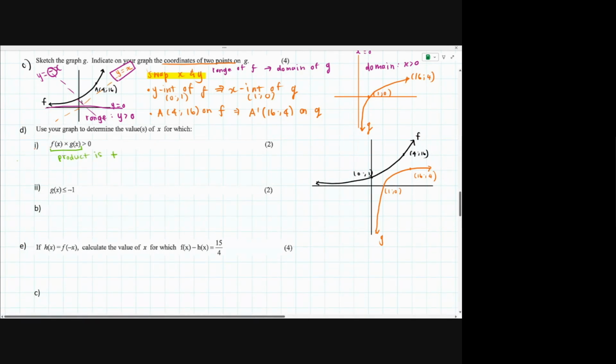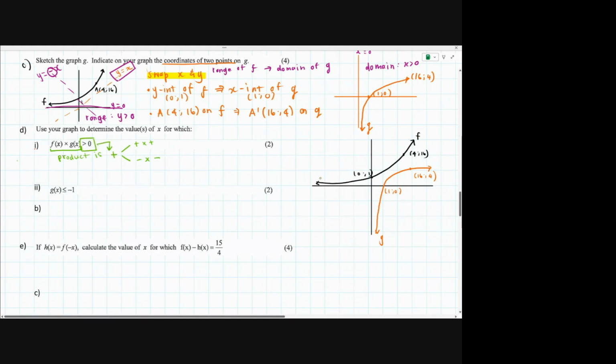Now, when we multiply numbers, what signs do we multiply in order to get a positive product? Nice, Kanye. Very nice. Lorato, good. So either we're going to say a positive times a positive or a negative times a negative. That is the only way for me to get a positive product. And I know it's a positive product because of the greater than 0.